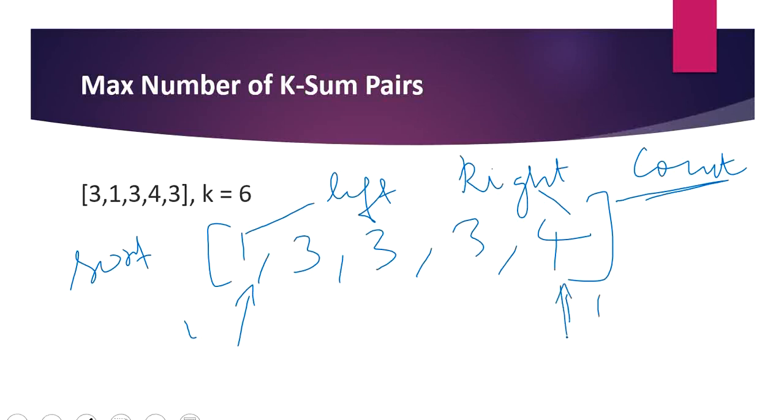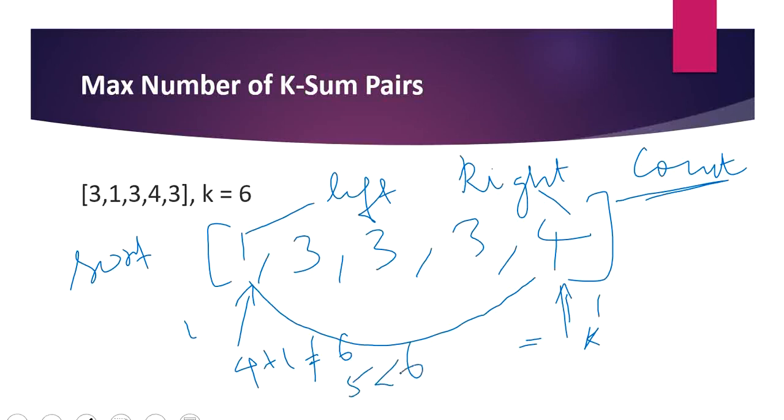First thing is adding the lesser number and the greater number to see whether it sums up to k or not. So first I calculate 4 plus 1. Is it equal to k? No, it is not equal to k. So in that case, is the sum less than k or greater than k? It is clearly 5, which is less than k.